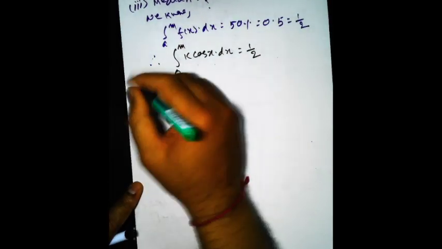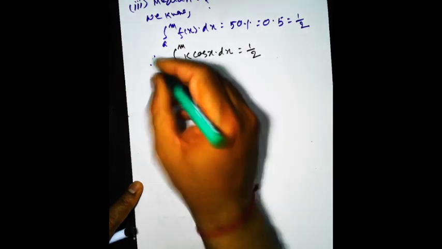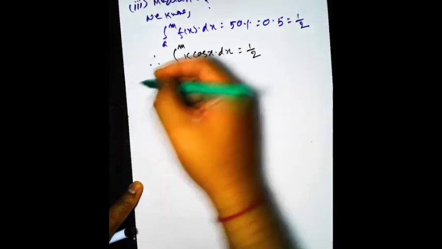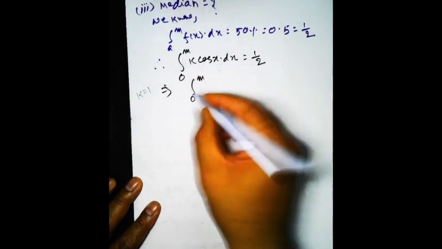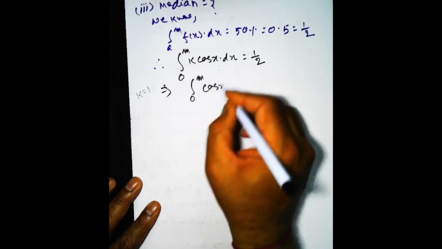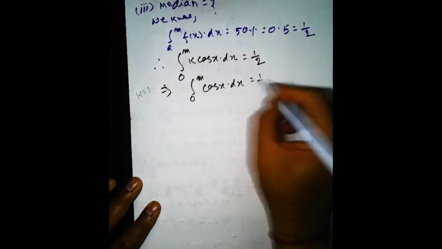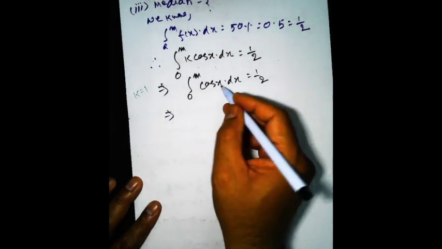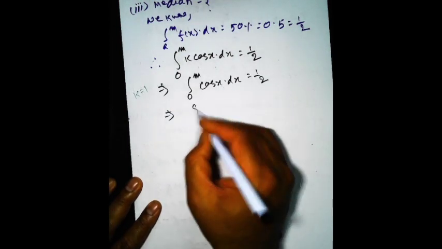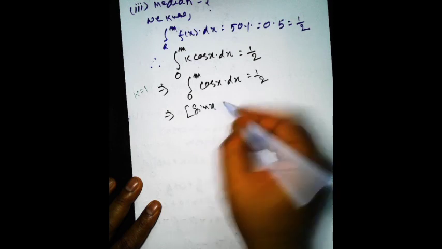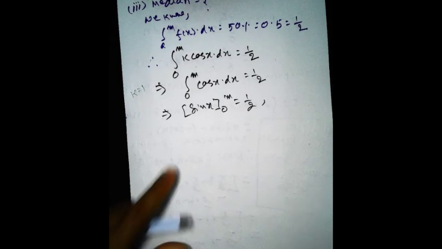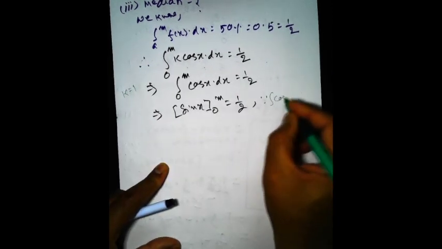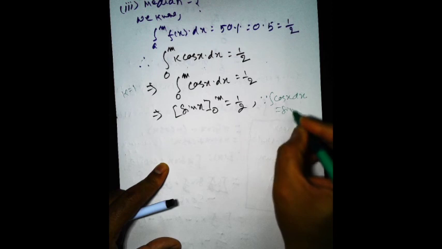We have already seen in the first part of this question that k equals 1, so you are left with the integral from 0 to m of cos x dx equals half. Integration of cos x is sin x, from 0 to m, equals half.